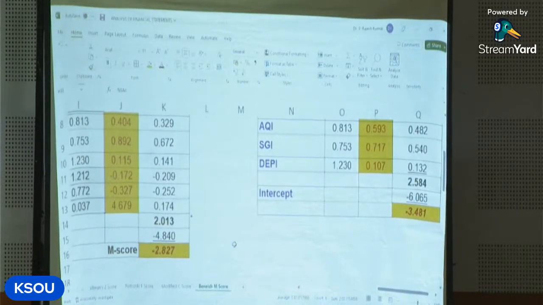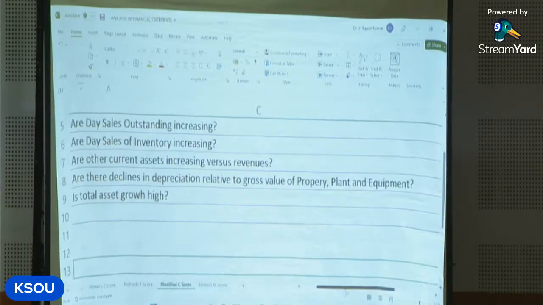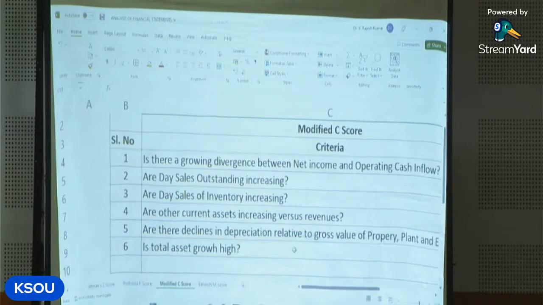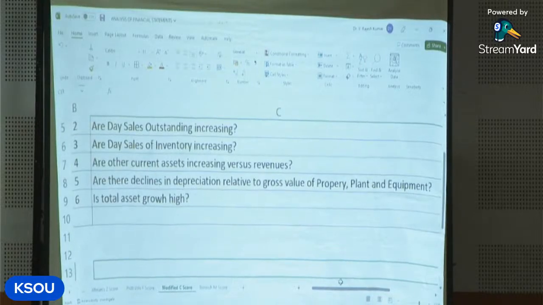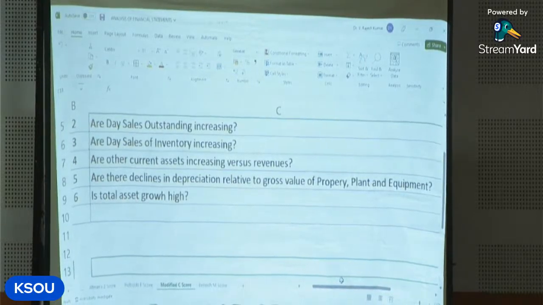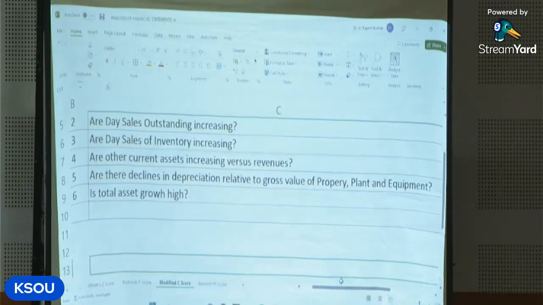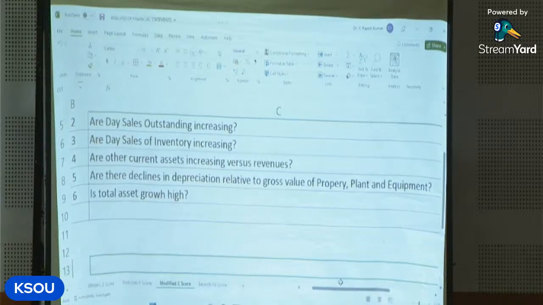But now I'll show the last one, modified C-score. You will notice that everything we discussed on the Beneish M-Score is already here. Now, modified C-score is a statement of 6 items. We should read each and again put 1 or 0. If the score is close to 0 or 1, it means there's no manipulation.